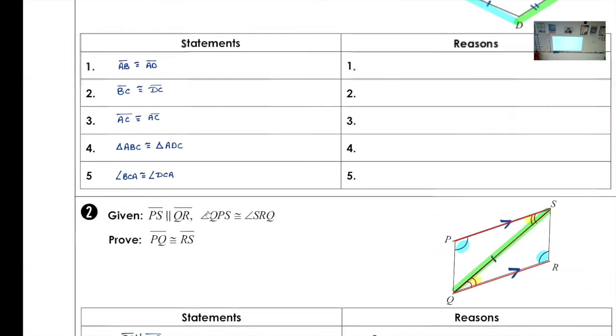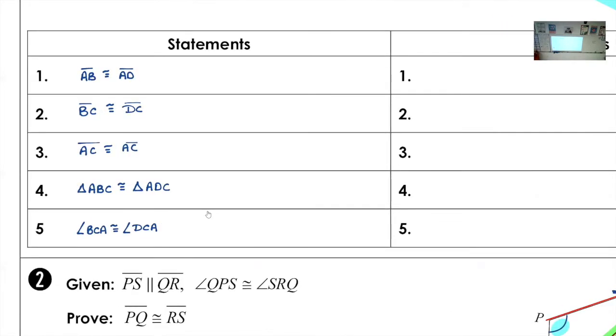All right, number 1. How did we know AB was congruent to AD? Given. What about BC being congruent to DC? That was also given. What about AC is congruent to AC?